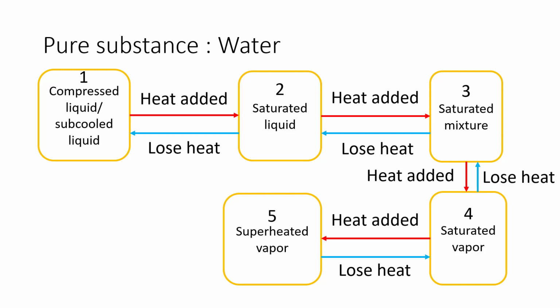Then if heat is added again, it will create a superheated vapor. This is the process of changing phases for water if heat is continually added. Reversely, if the water is losing heat, the water will turn back to compressed liquid while undergoing the same process, but the phases will be just opposite to adding heat.